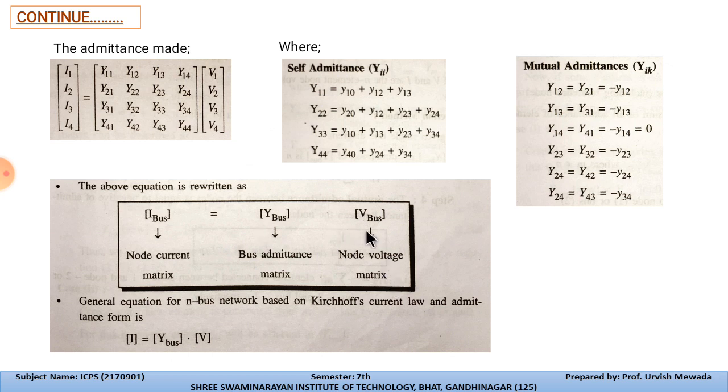Now the general equation for an n bus network, based on Kirchhoff's current law and admittance form, is basically I is equal to Y bus into V. So this is how we can write the equation for the equivalent admittance circuit of any given network.